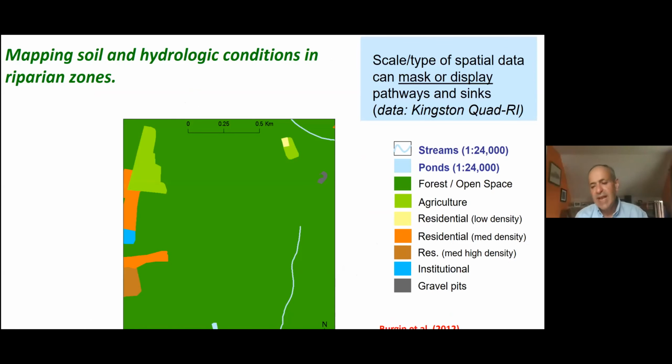So I made the case that we have learned a lot about using information on soil and hydrologic conditions to predict riparian buffer zone function. Now the question is, how am I going to get information on the soil and hydrologic conditions in the buffer zones?